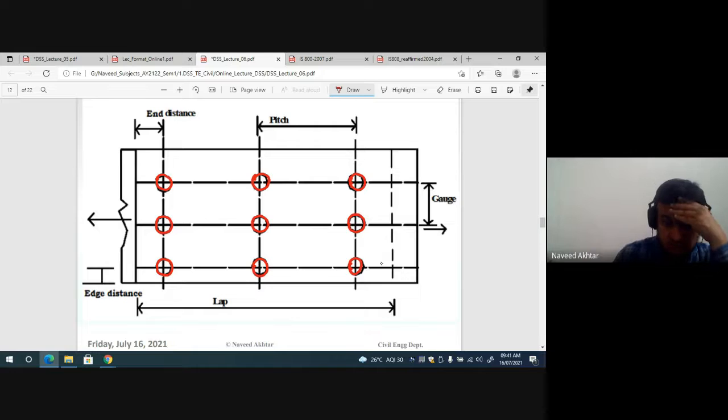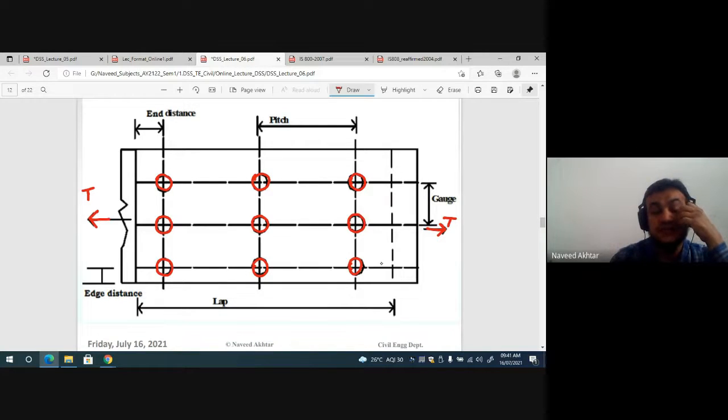The distance between two consecutive bolts in the direction of stress. What is the direction of stress? You can see here we are providing the load, tension here and tension here, so the stress will also be in this direction.